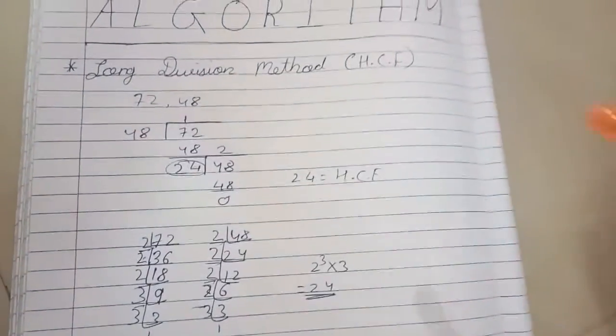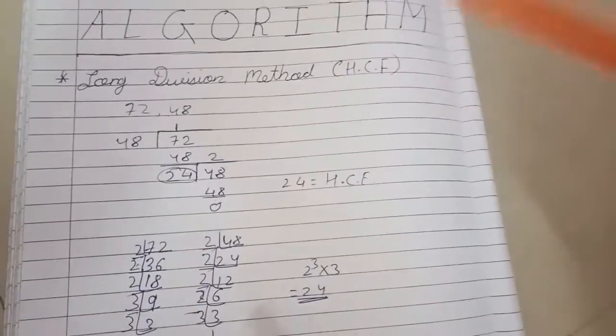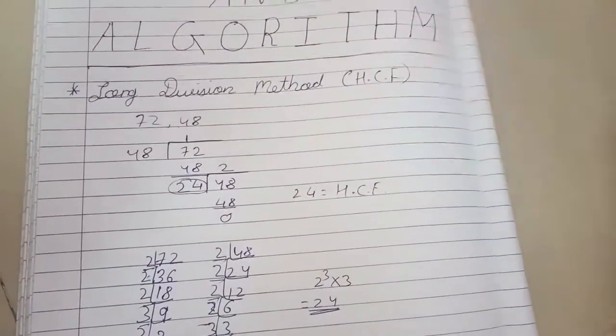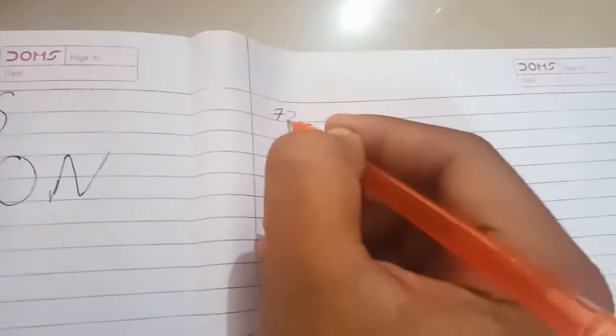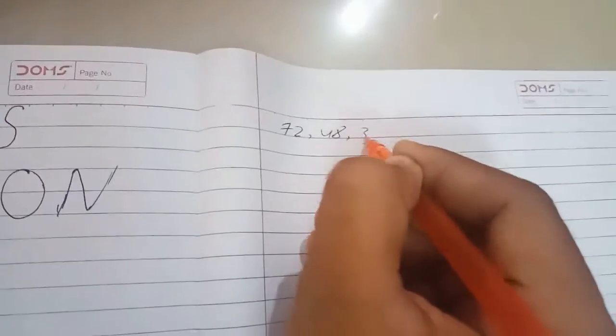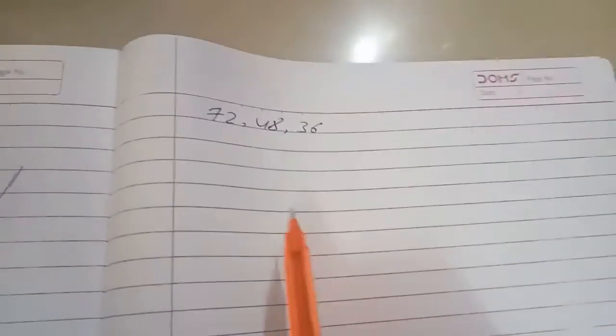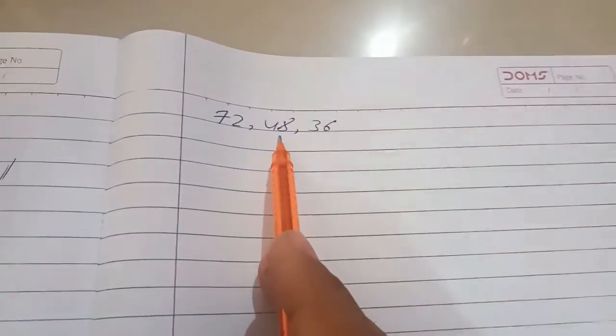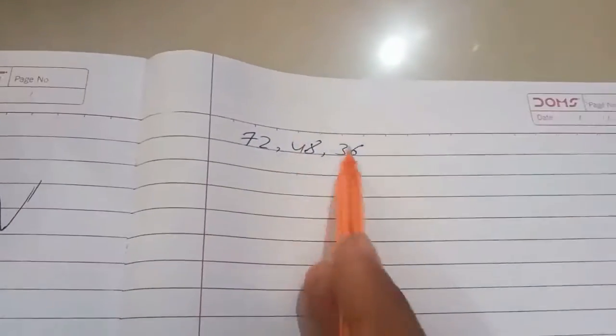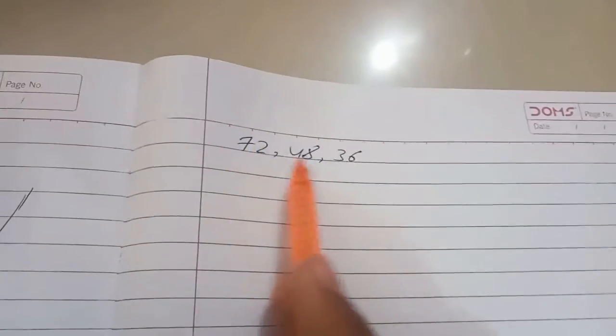Now let me show you how long division works with 3 numbers. Let me take 72, 48 and 36. Here you have to arrange the numbers in ascending order and take the first two.